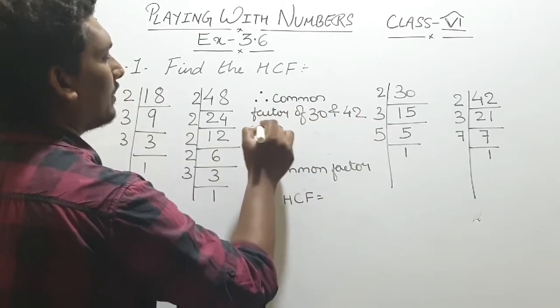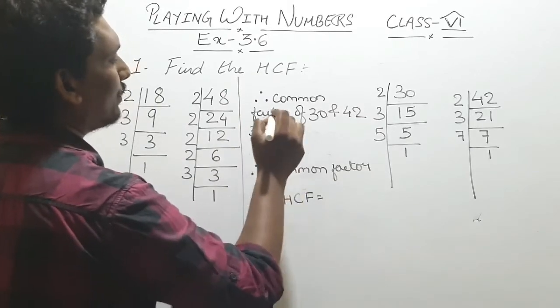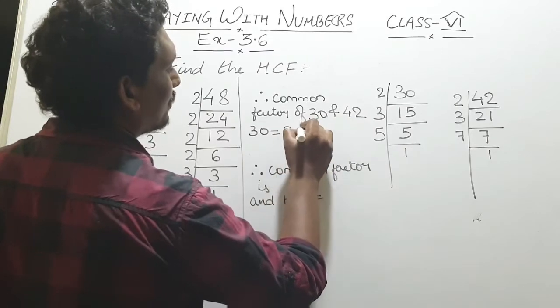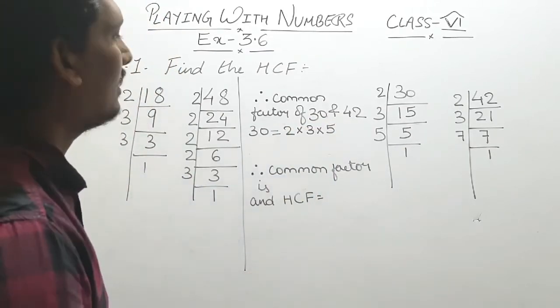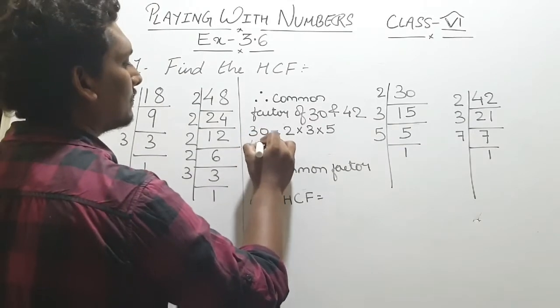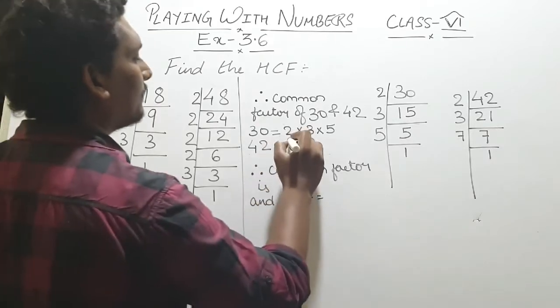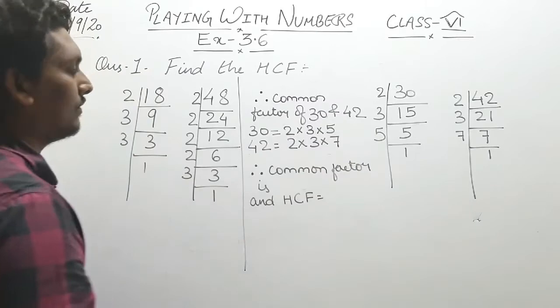So I am writing 30 is equal to 2 into 3 into 5, and for 42, that is 2 into 3 into 7.